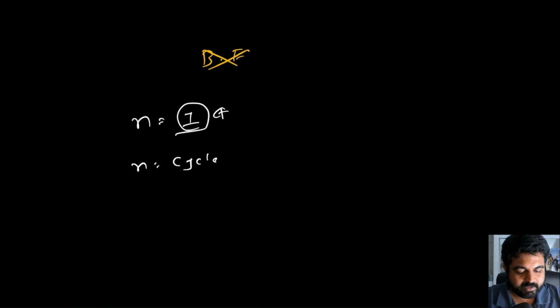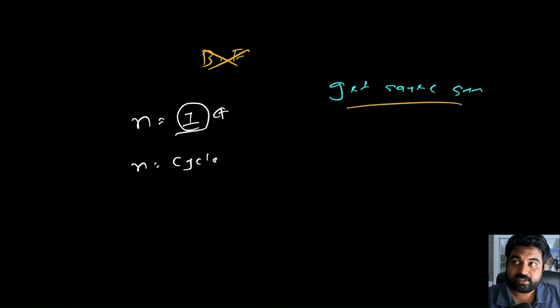We can have a method that basically gets the sum of the squares of the digits of a given value, and for the given value we keep on repeating the process for n. Let's say the n value is going to be 55, first we do a modulo by 10, so we get the last digit, that is going to be 5. Then we do its square and add it to the sum.